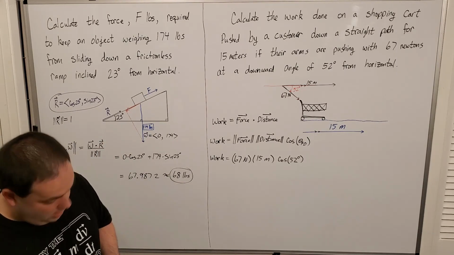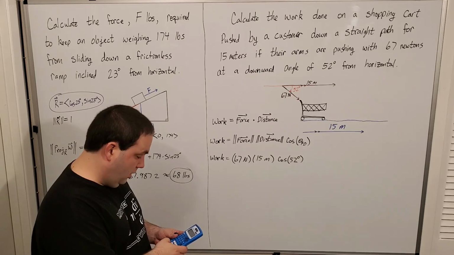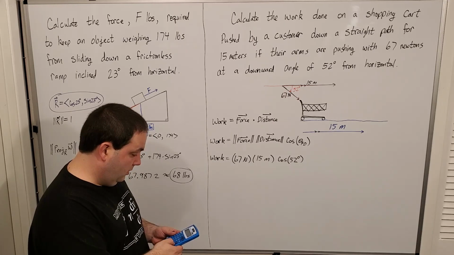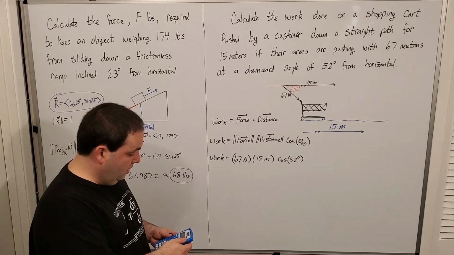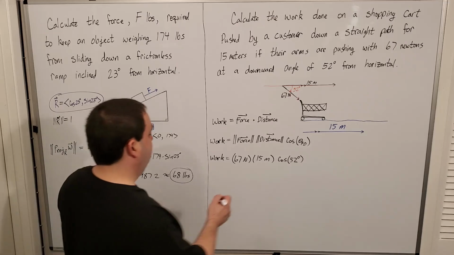So let's crunch this up. I've got 67 times 15 times cosine 52. I have 618.74.